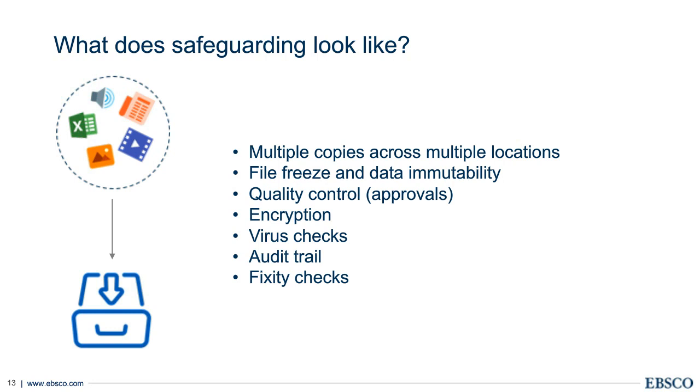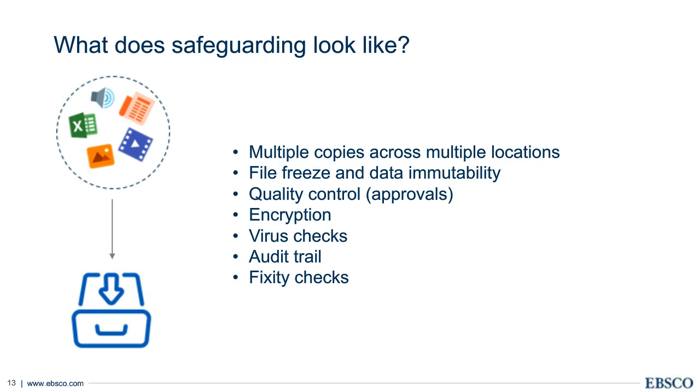We might have multiple backups, but if it's all sitting in the same building or the same library or on the same campus, what happens if there is a natural disaster or some other issue that challenges the ability to access that content? So we want to make sure that there are multiple copies spread out across multiple locations to ensure that that content is accessible from a backup perspective.